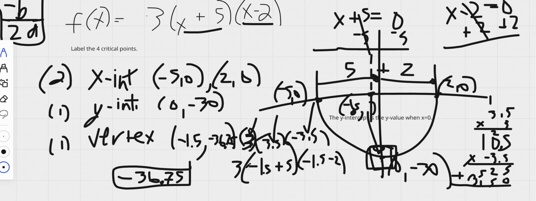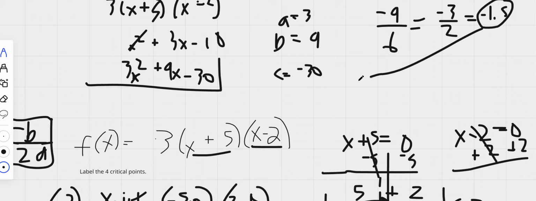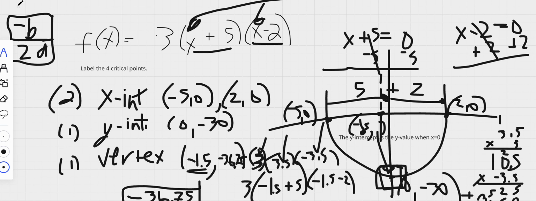That's the x value of the vertex. And then you find the y value by plugging that value into x, and then you solve for y. So both routes will get you there.